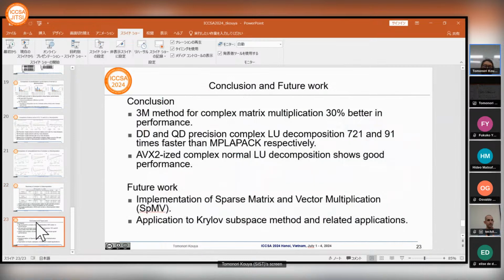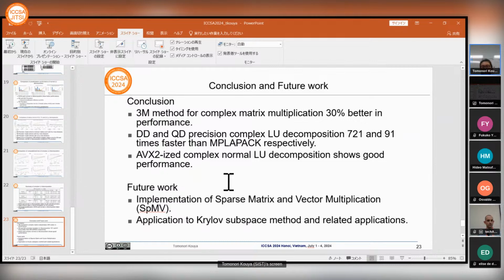So we can conclude our talk. The 3M method can get 30% better performance, and double and quadruple precision complex LU decomposition is 721 and 91 times faster than MPLAPACK functions.